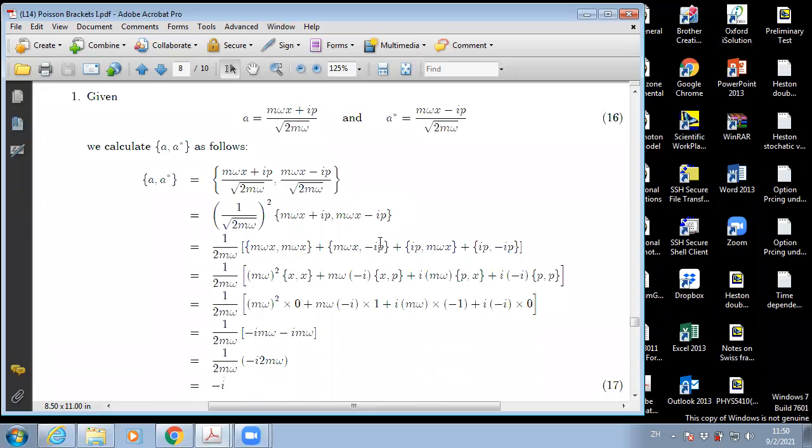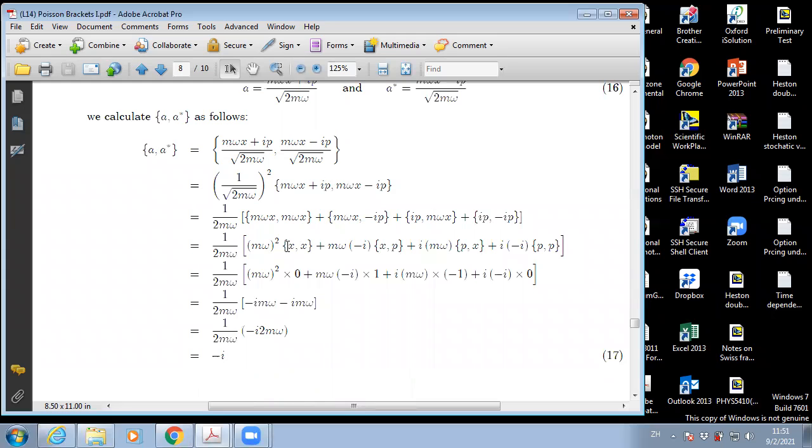Now, before going directly to evaluate the Hamilton's equation of the function A, I would like to show you that the function A and the function A star have a very interesting Poisson bracket. All right, the Poisson bracket between A and A star can be determined in the following way. We plug in the definitions of these two functions, factor out all the constants, and then apply the distributive law of the Poisson brackets.